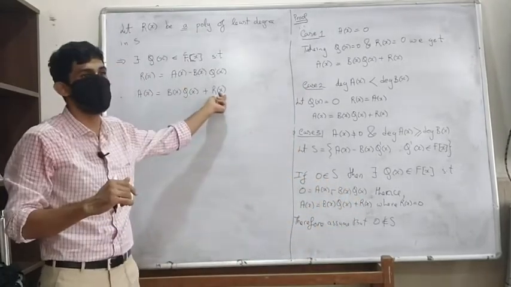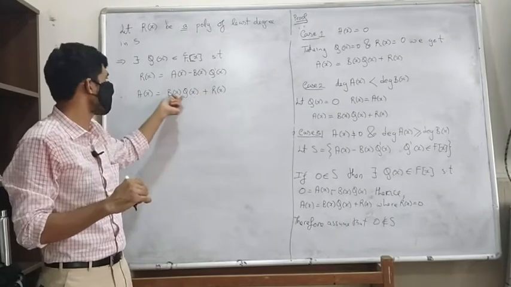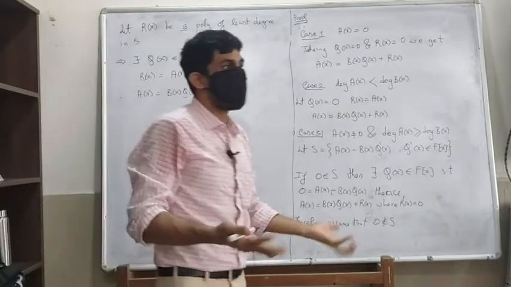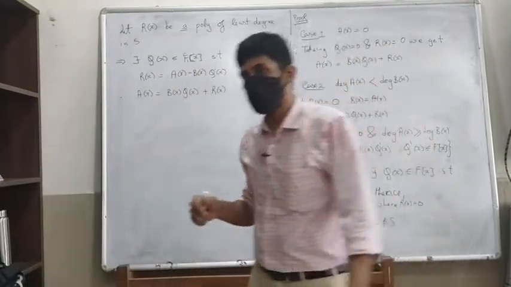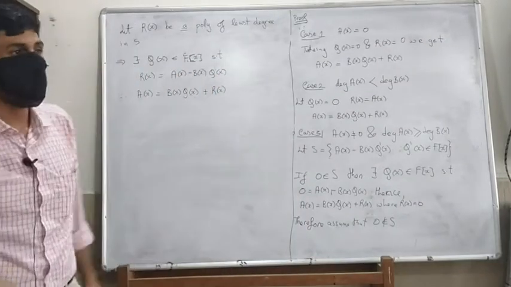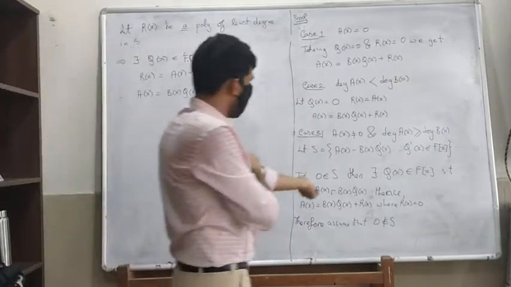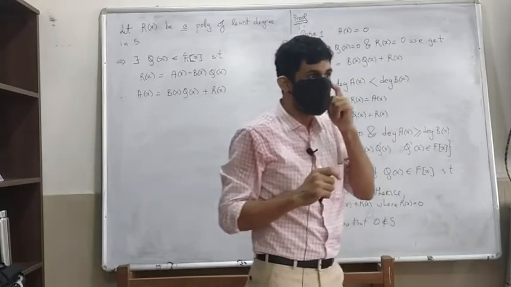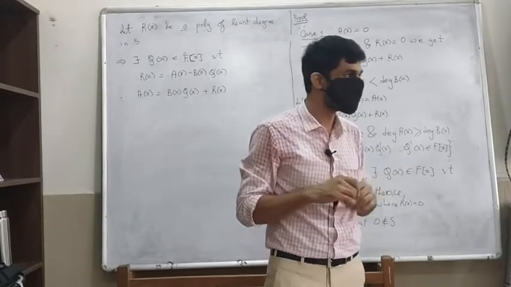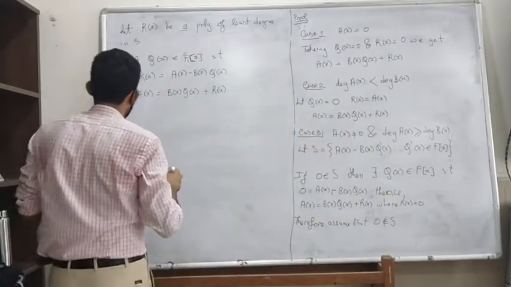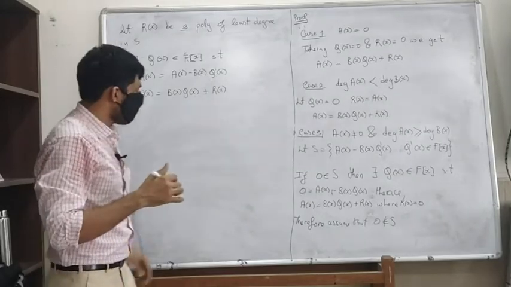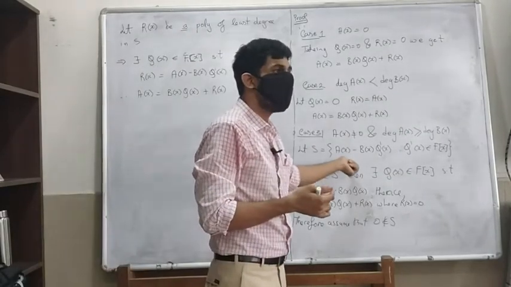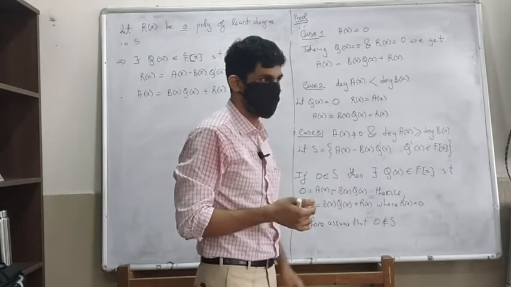the degree of R of x is less than the degree of b of x. So what happens if it's not? What we do is exactly like what we do in number theory. This is exactly the technique which we utilize. We will push in another element in this set and show that it has smaller degree.